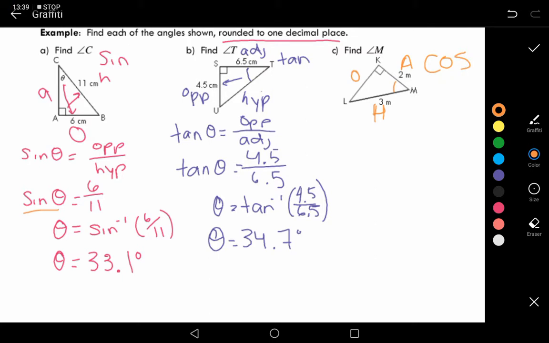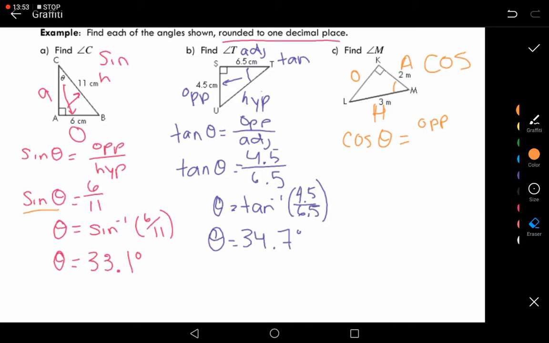Okay, so again, starting by writing this out, cos theta equals opposite, no, not opposite, adjacent. See, this is why it's important to have it written in front of you, because you might not always remember. So it's adjacent over hypotenuse.